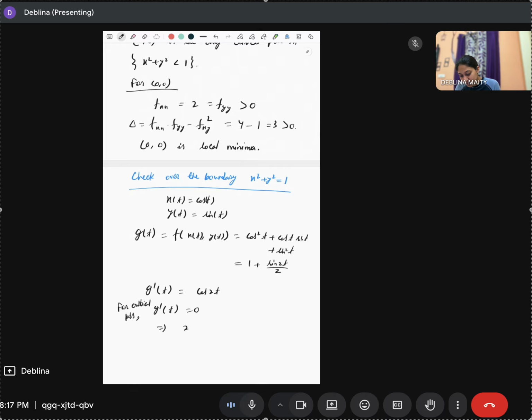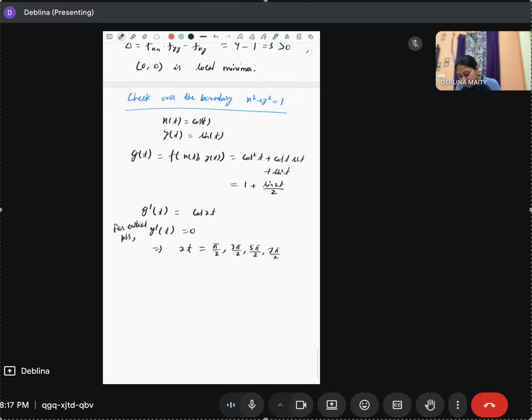So this will give 2t equals pi by 2, 3 pi by 2, 5 pi by 2 and 7 pi by 2, right? So the values of t will be pi by 4, 3 pi by 4, 5 pi by 4 and 7 pi by 4, right?